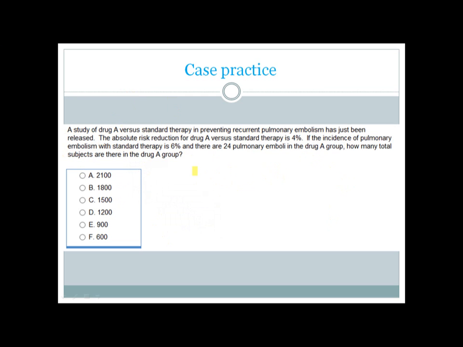So as you can see, the important information given is the ARR, which is 4. So let's write down ARR is 4. The next important information is that the incidence of pulmonary embolism with standard therapy is 6%. This is called the event rate in the control group.